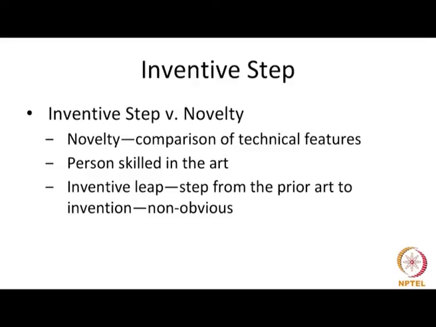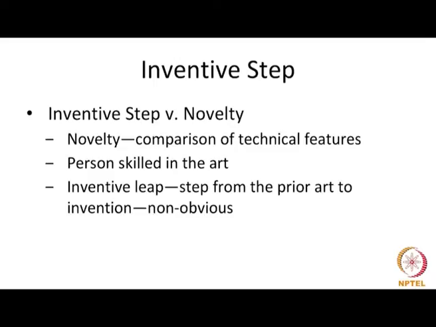So, he has a capacity to understand things in the particular art, and that capacity is almost infinite, in the sense that he will not be expected to get bored in the process of understanding the scope of the prior art.